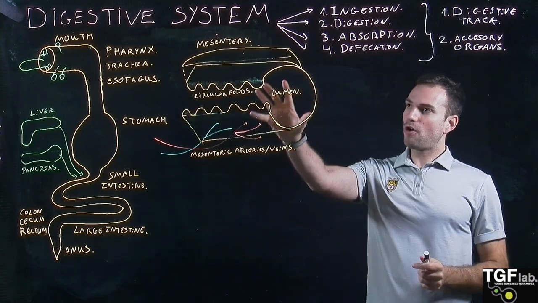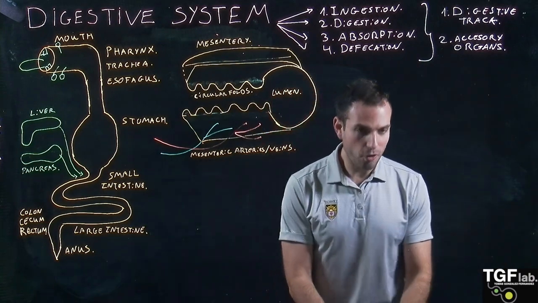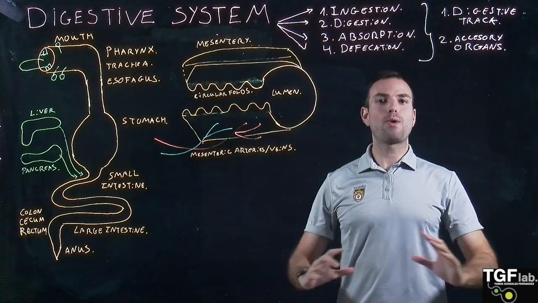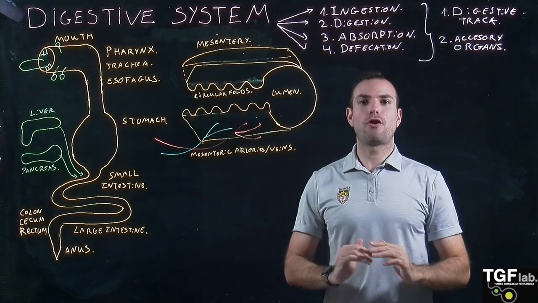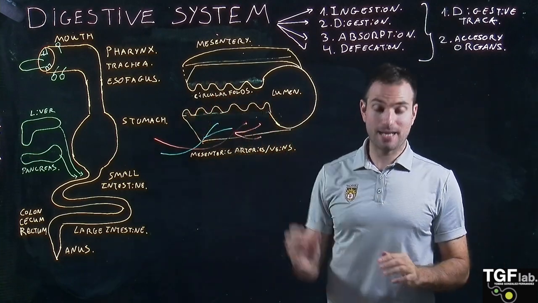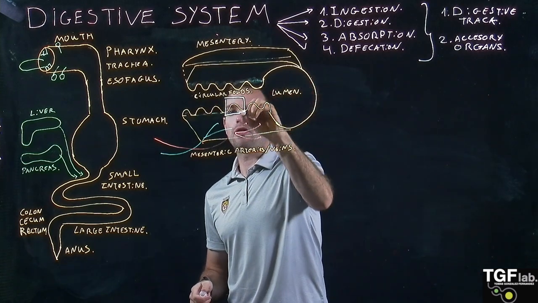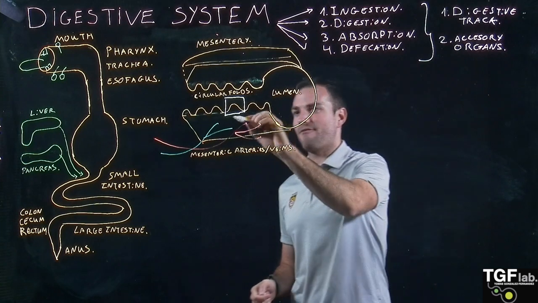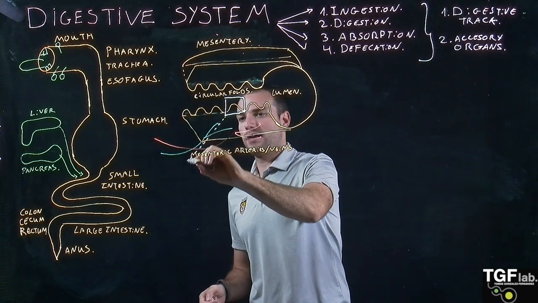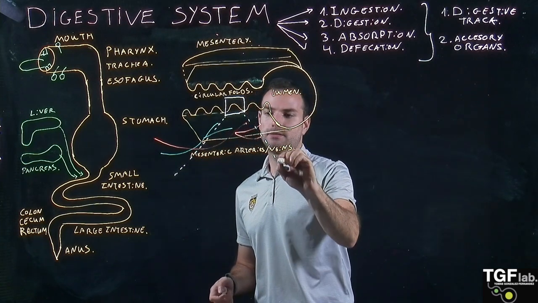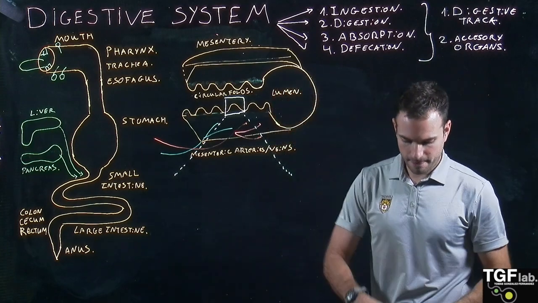Okay, so if we focus a bit more at the circular folds and we make them bigger, we can see the different layers of the digestive tract epithelium. So let's say that we are looking here at the fold.